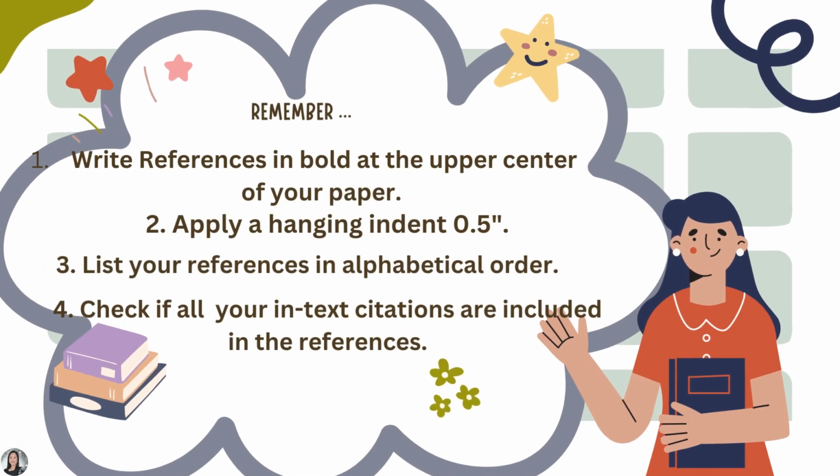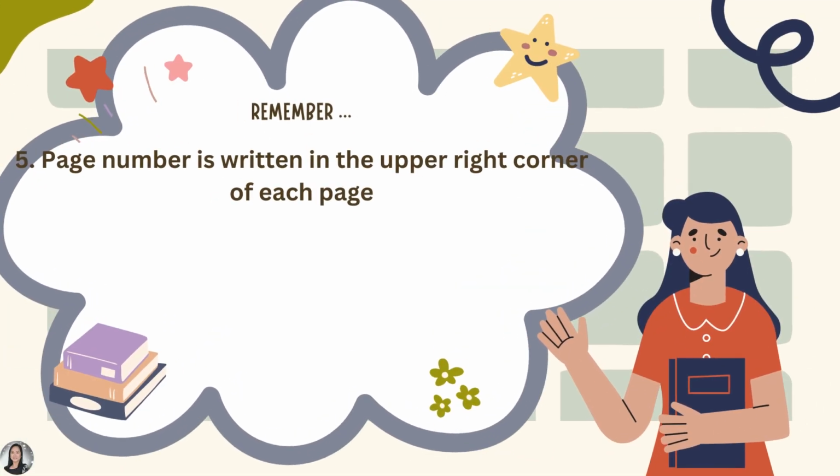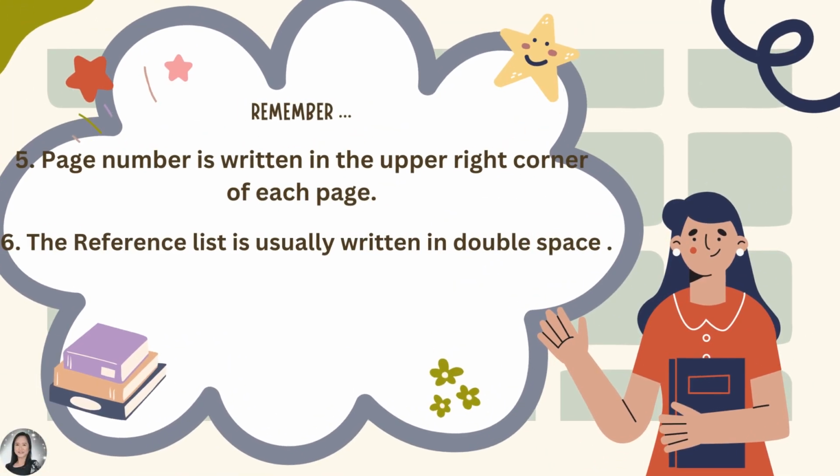Check also if all the in-text citations are included in the references. Also, page number is written in the upper right corner of each page like this. Lastly, the reference list is usually written in double space. However, it depends also on the instruction of the institution.